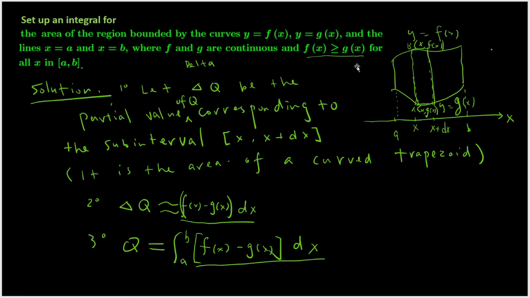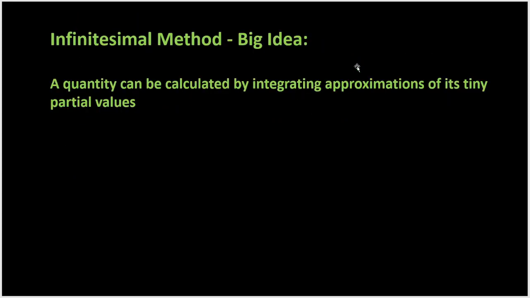This is consistent with what we mentioned at the beginning. Now look at here, the infinitesimal method: a quantity can be calculated by integrating approximations of its tiny partial values.